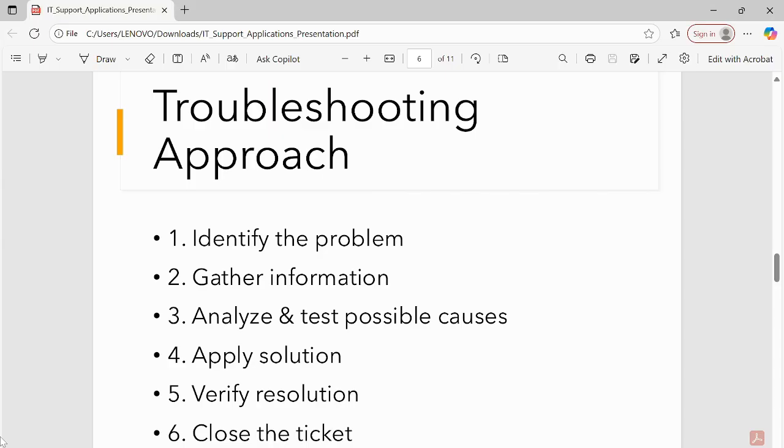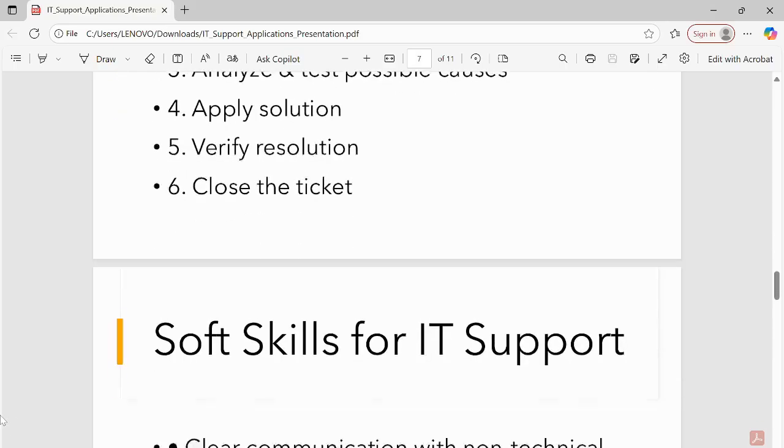Verify the resolution and then close the ticket. Confirm with the user: are you able to log in, or are you facing any issues right now? If the user verifies that the issue has been resolved, then you can close the ticket. So this is the troubleshooting approach.